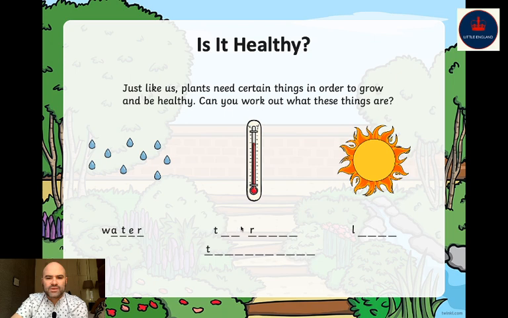Let's look at what this says. So the plants need water. The flowers need water. The flowers need, let's spell it out together.